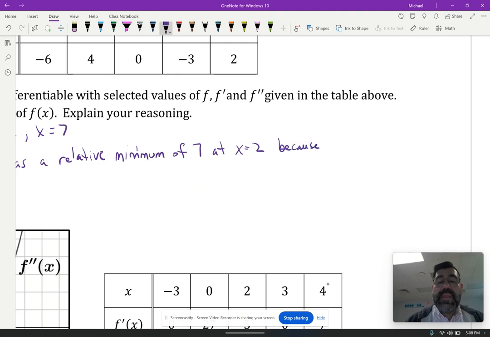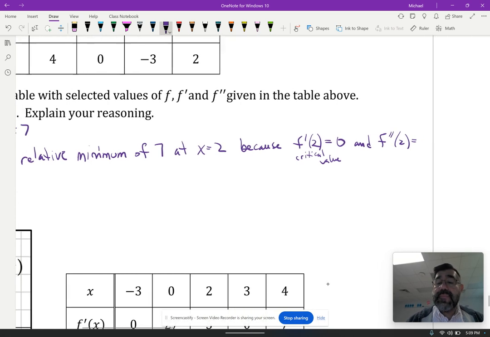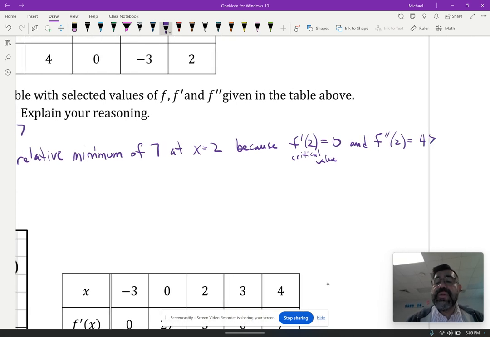Because f prime of 2 equals 0, in other words, that's a critical value, and f double prime of 2 is 4, which is greater than 0, meaning that's concave up.